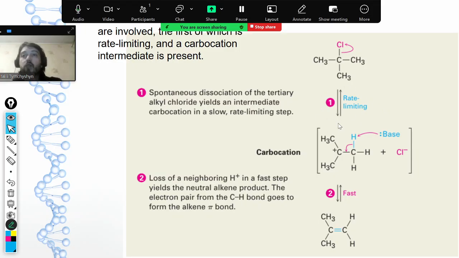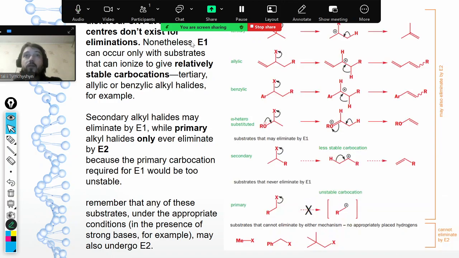Now you have the base abstract a proton, and pretty quickly loss of that proton leads to a neutral alkene product. The electron pair from the C-H bond goes to form the alkene pi bond. So here we have this double bond formed.